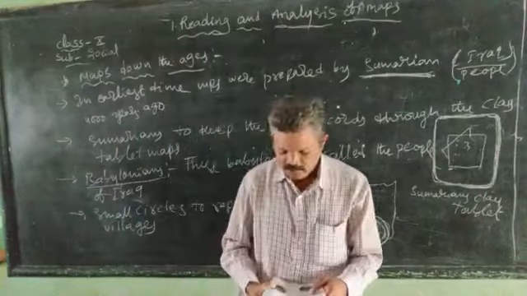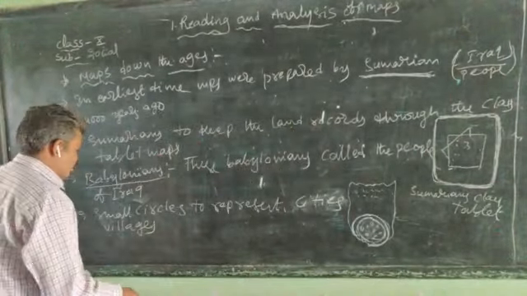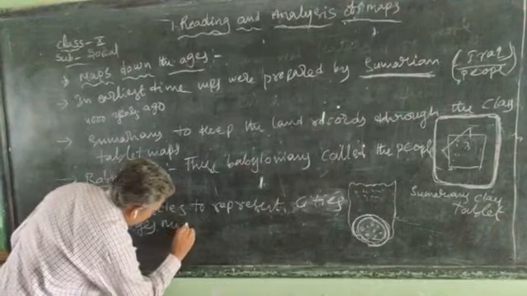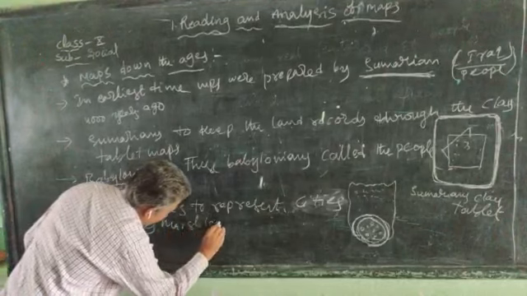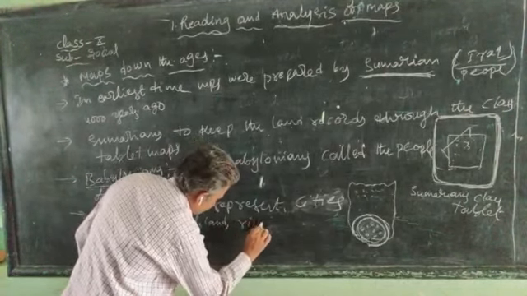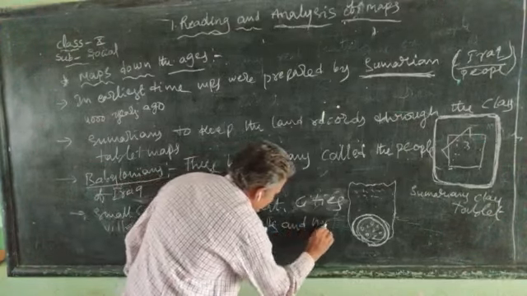The villages, rivers, marshlands, and mountains are mentioned in the maps.